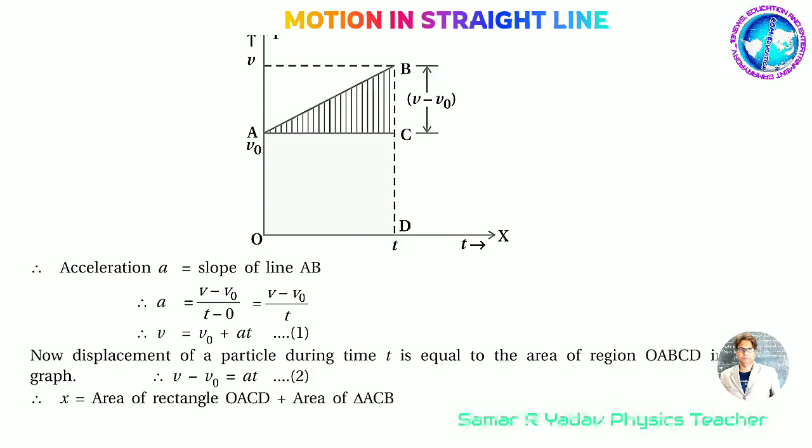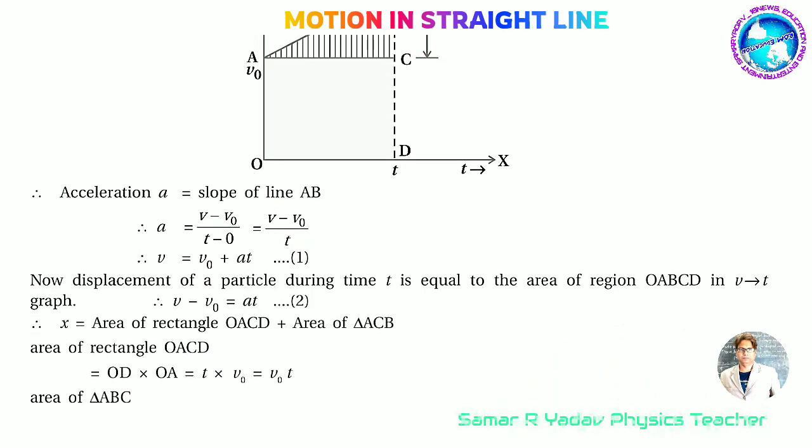Now the displacement of the particle during t is equal to the area of region OABCD in the v versus t graph. You can see in the figure. Therefore v minus v0 is equal to at, equation number 2, from equation 1. Therefore x is equal to the area of rectangle OACD plus the area of triangle ACB.